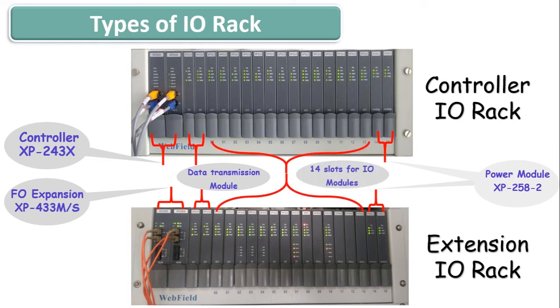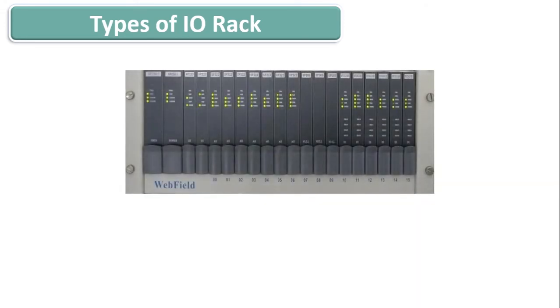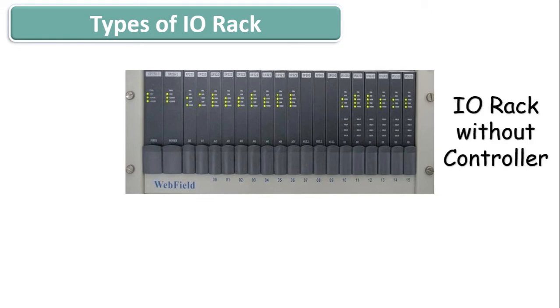Both the controller IO rack and extension IO rack contain 14 slots for the IO modules, which can be analog input, analog output, digital output, or any communication cards. Other than the controller IO rack and extension IO rack, all the racks have the following distribution.